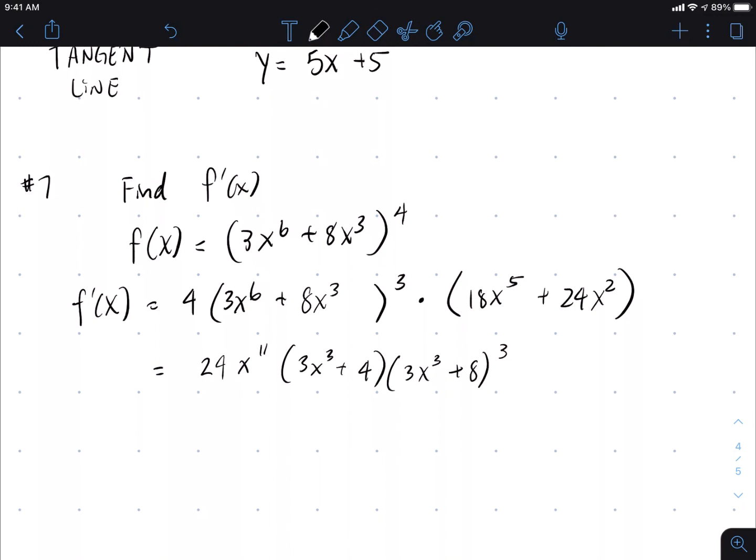Chapter 3's test really is about knowing techniques, but it really is very straightforward. The one thing about chapter 3, though, that I will stress to you guys is when you take Calc 2, if you don't have your derivatives truly down, you're going to have a lot of problems in chapter 7.